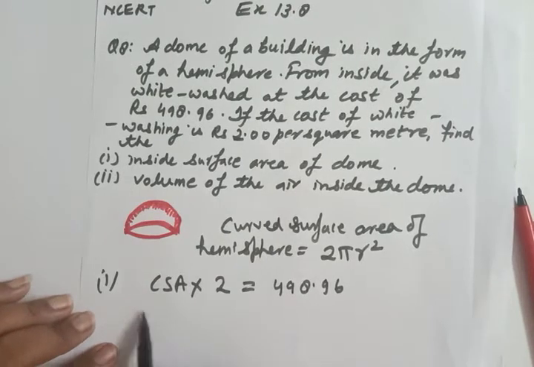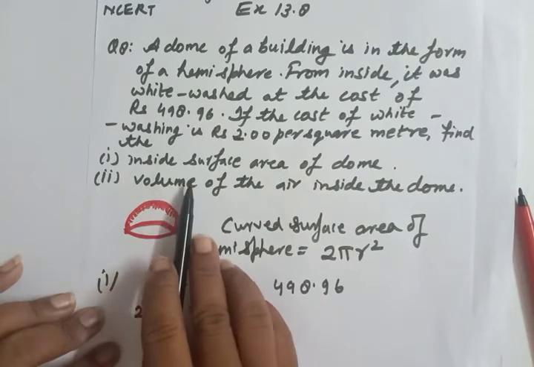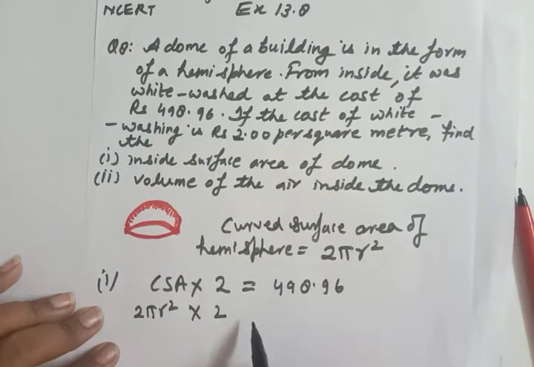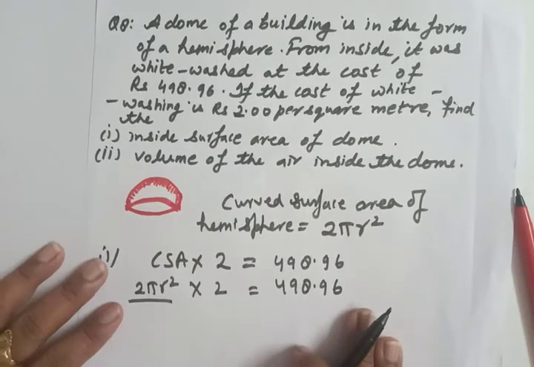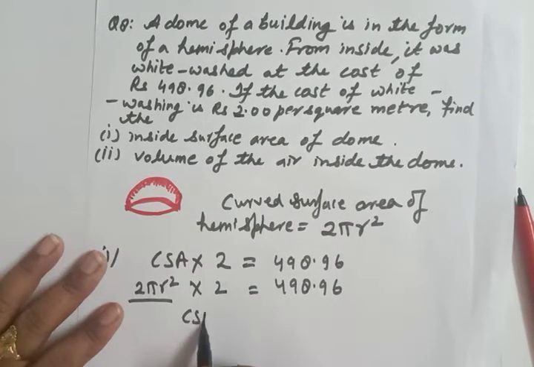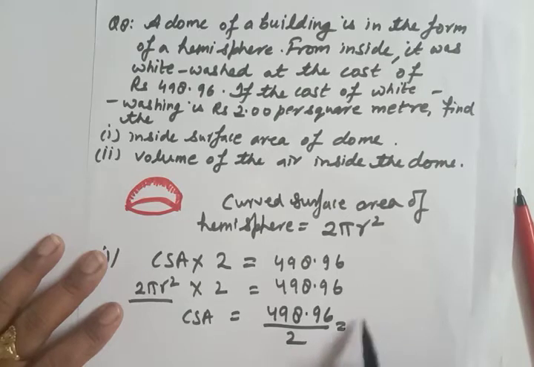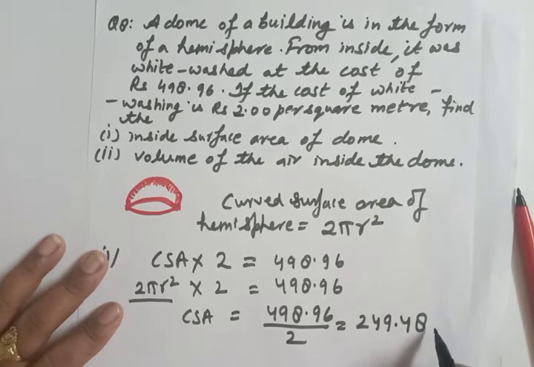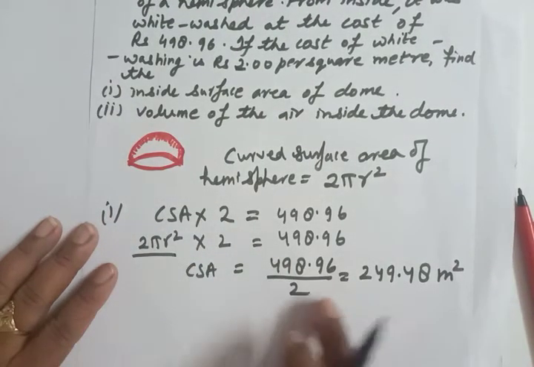We can write the formula 2 pi r square, which is the curved surface area. So the curved surface area is equal to 498.96 upon 2, that is 249.48 meter square. So we have found very easily the inside surface area of the dome.